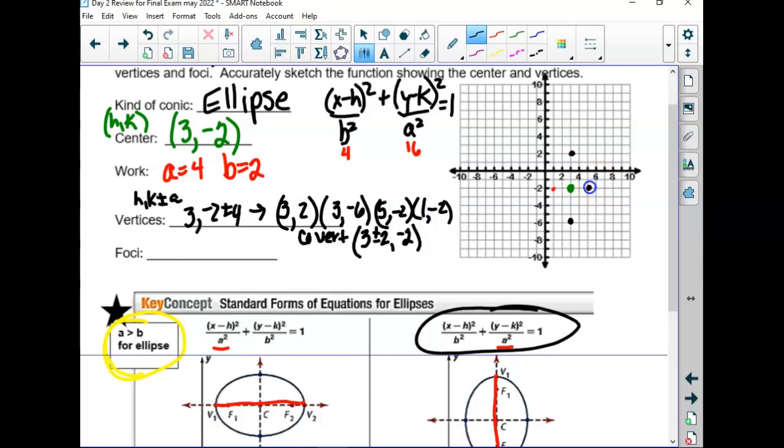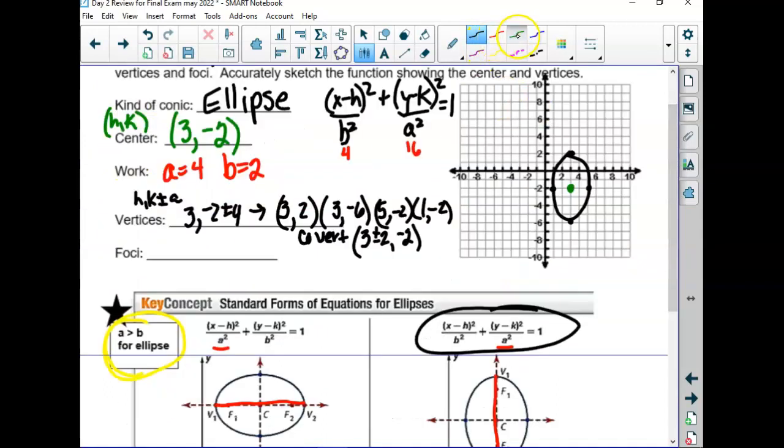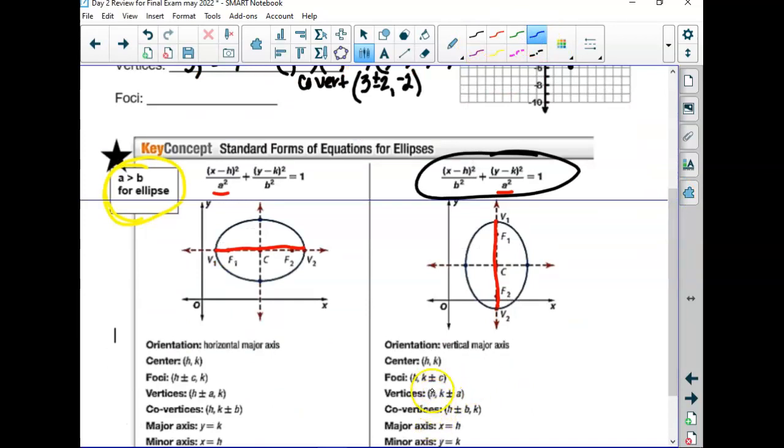So that was those 2 points. So then you can draw it. It does not say you have to graph the foci, but you do have to find them. The equation for foci down here says h comma k plus or minus c.